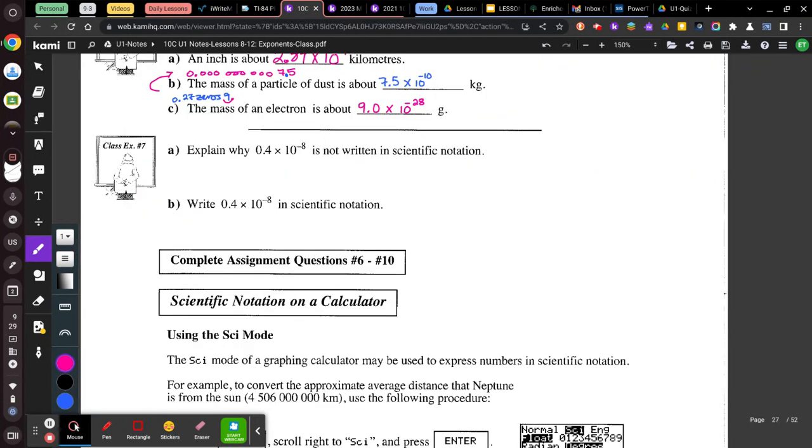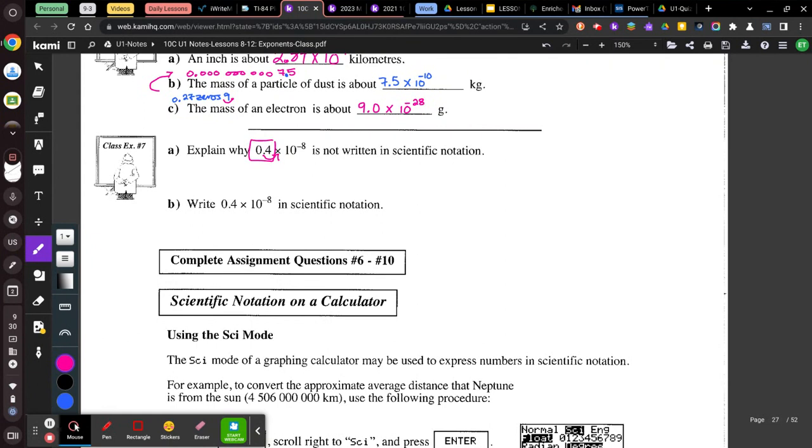So it says, explain why 0.4 times 10 to the -8 is not written in scientific notation. What is wrong with this first number? It starts with a 0. Is it allowed to start with 0? No, it's got to start with a number from 1 to 9. So that means I need to move my decimal to the right once.